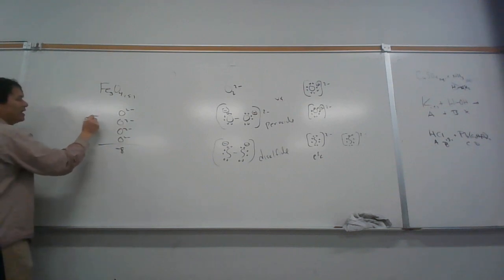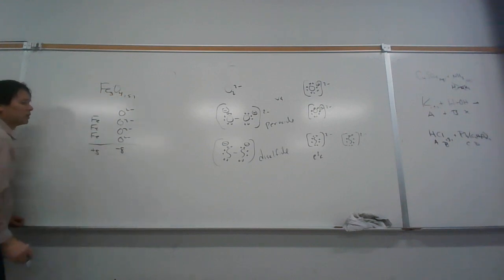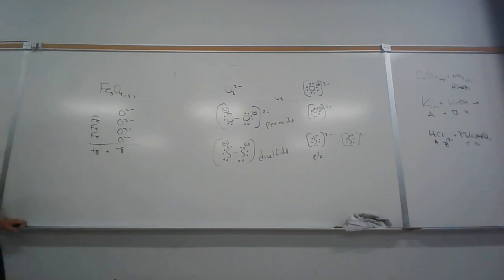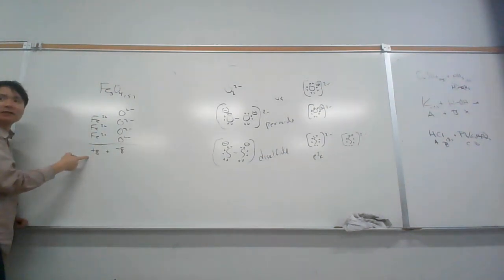And then I have 3 irons. The 3 irons have to add up to +8 because this whole thing is neutral, 0 charge. So I have +8 plus -8. And therefore each iron has to be... if they're +2, does it add up? No. If they're all +2, it adds up to +6, which is not +8.